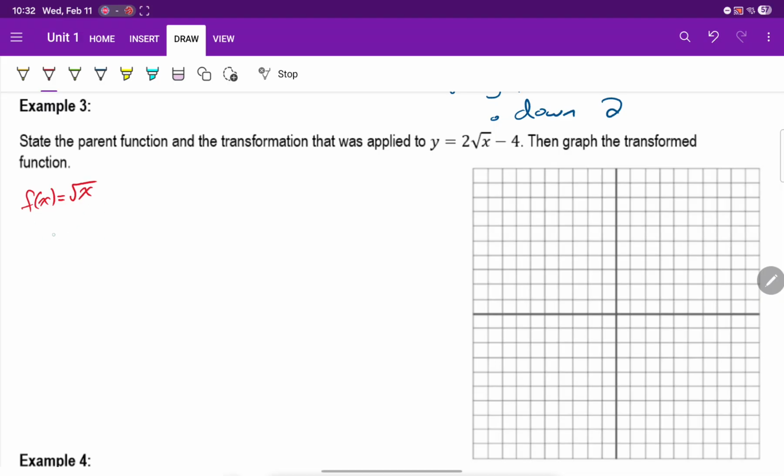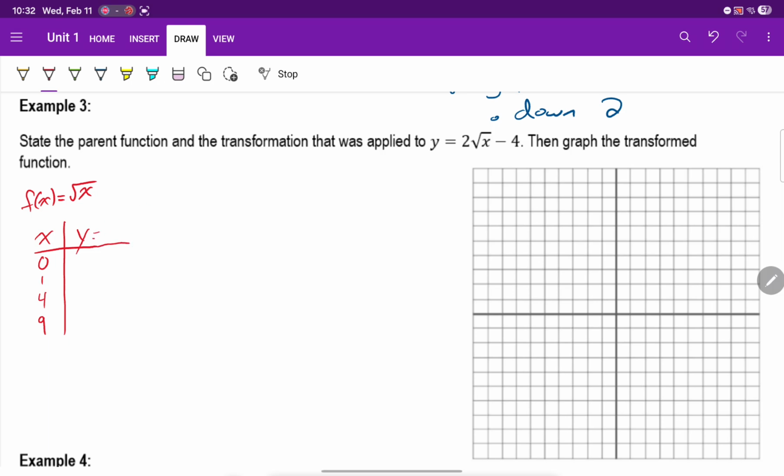When we're using mapping notation, typically we start with a nice little table of values. In this table of values, we're going to pick some values that are good for our square root function. Those are going to be 0, 1, 4, and 9 because those values are perfect squares.